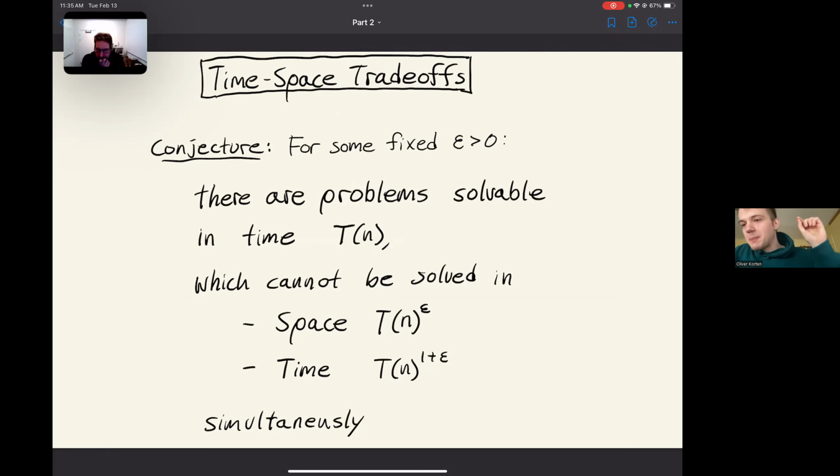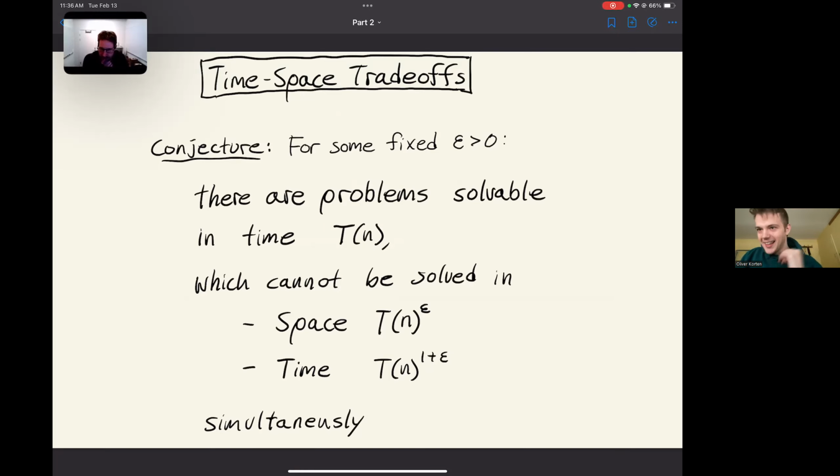We can reduce the space down to t of n to the epsilon while keeping the time only t of n to the 1 plus epsilon. So what I'm saying is there are problems that are solvable in a certain amount of time t, where the space cannot be significantly reduced without incurring a super linear blow up in time.